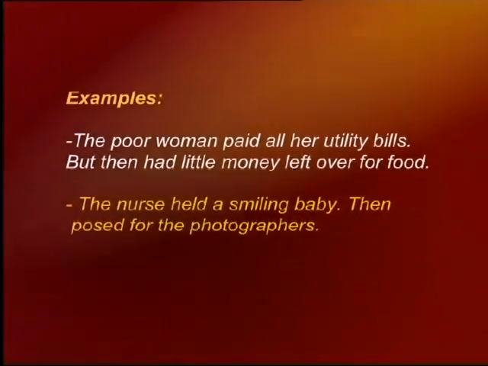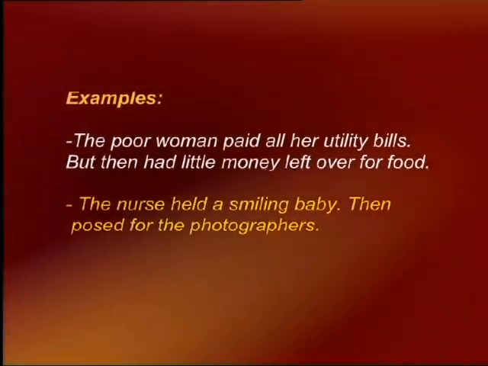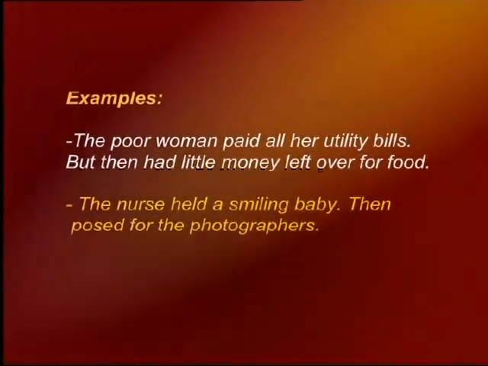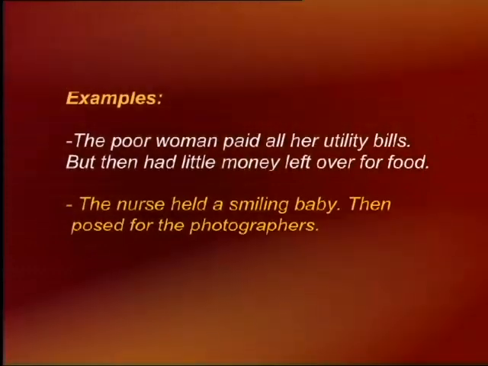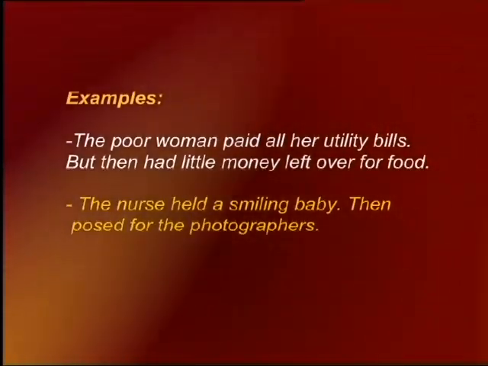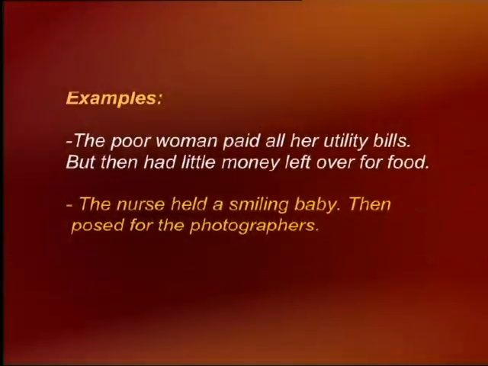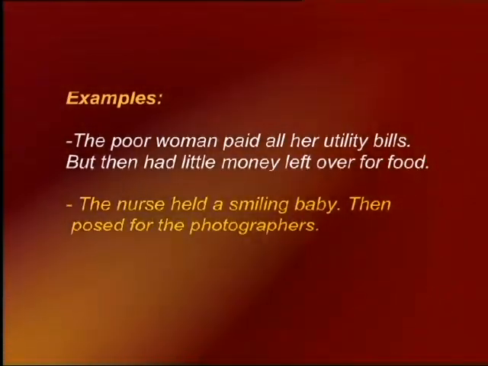There is something wrong there. Look at the next example. The nurse held a smiling baby. Full stop. Then posed for the photographers. Now, in each of the above examples, the first statement is a complete sentence, and the second word group is a fragment.